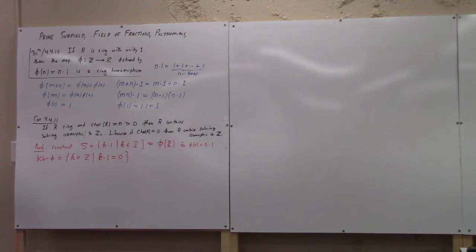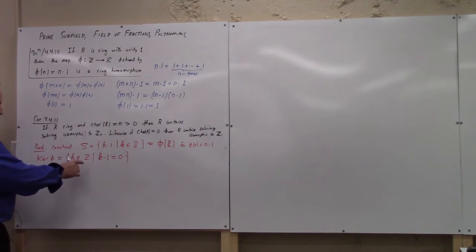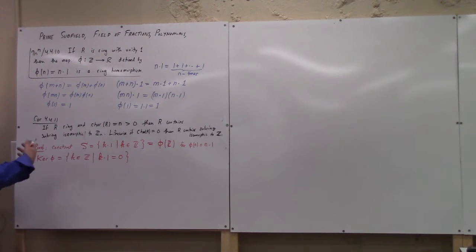If we're in characteristic n, which k are included? Well, multiples of n.